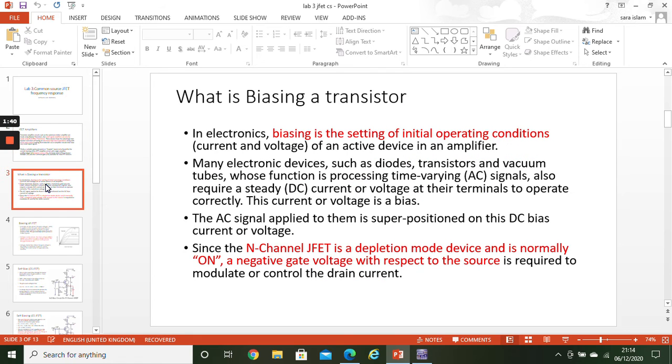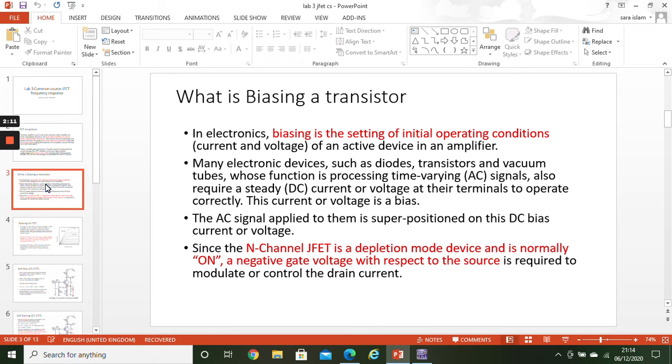Before going into the amplification procedure, I will discuss why we need to bias a transistor. So what is biasing itself? Biasing is the setting of initial operating conditions of current and voltages for any active device. Your transistor works at a specific voltage in saturation.